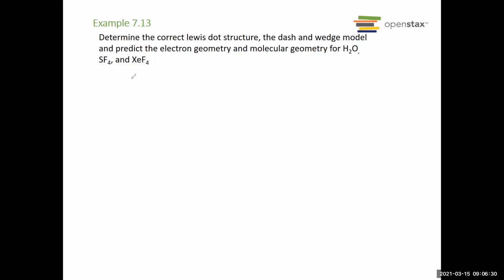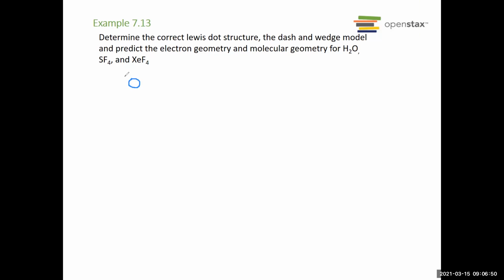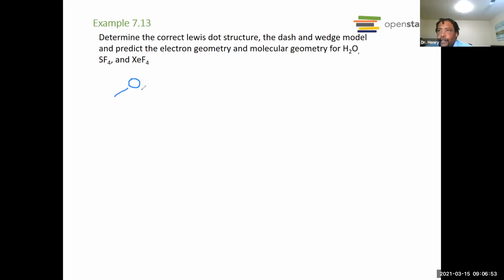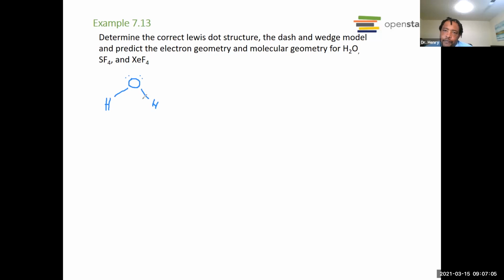It'd be, well, hold on, I have to write it down. Would it have to be like the O on top? And then since there's two H's. And lone pairs? Yes. How many? 2 sets. Okay.